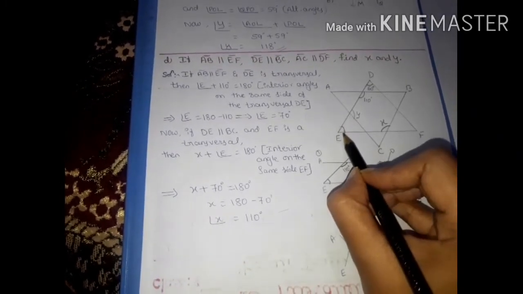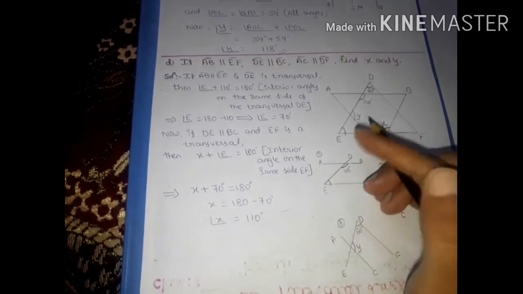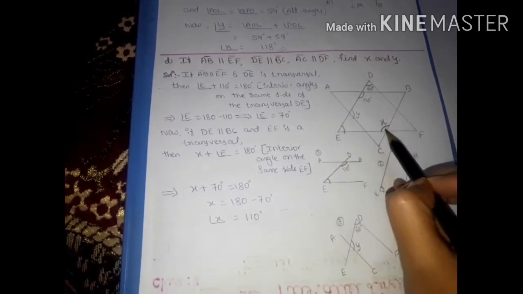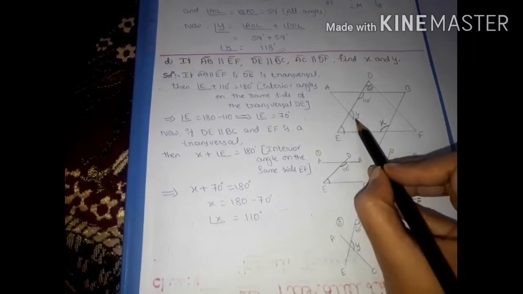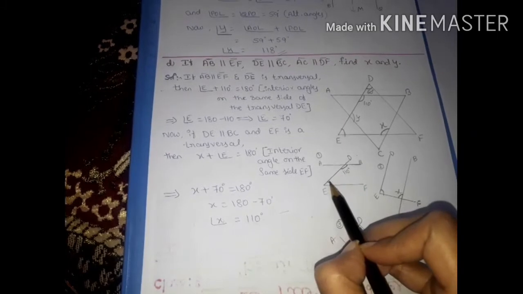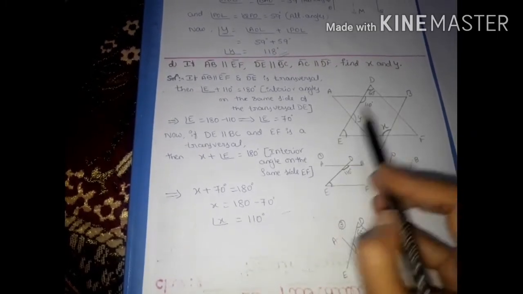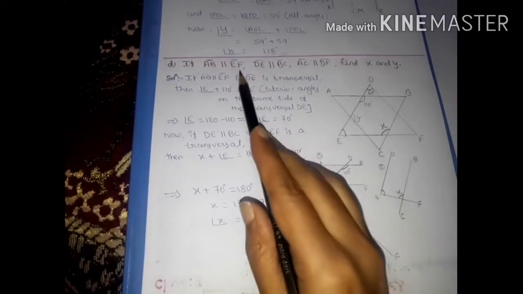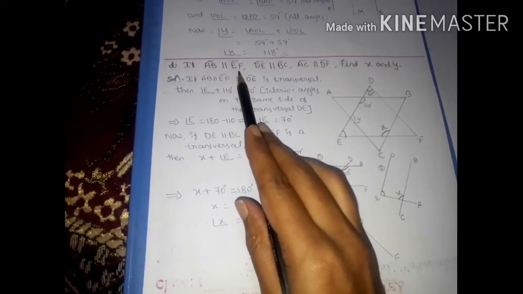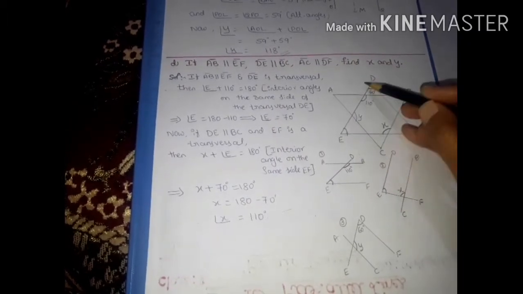Angle E value you should need. So to find this, I am going to split the given diagram into three small diagrams: to find angle E, to find angle X and to find angle Y. Here, in the first diagram, to find angle E, I am going to consider AB line parallel to EF. Already given, AB line is parallel to EF. Here consider DE as a transversal.